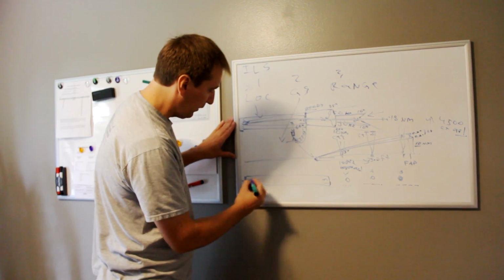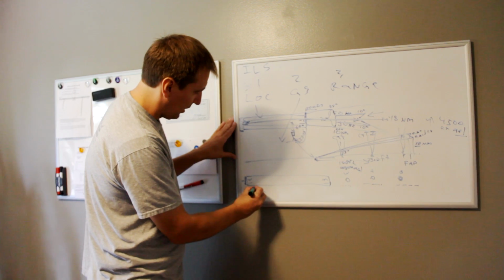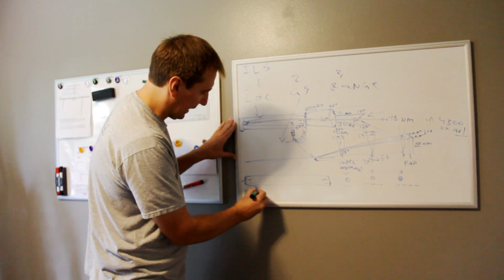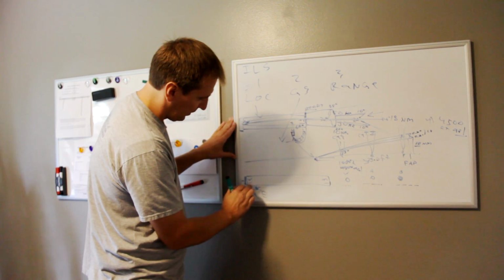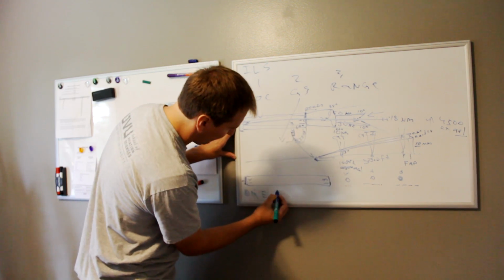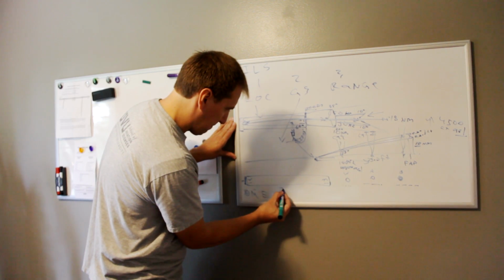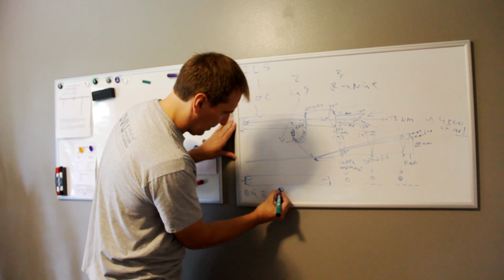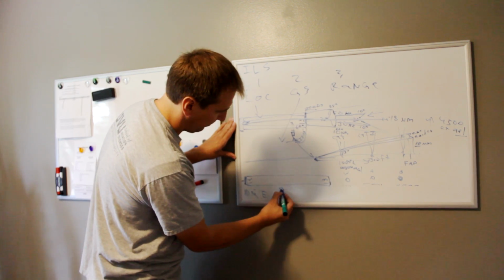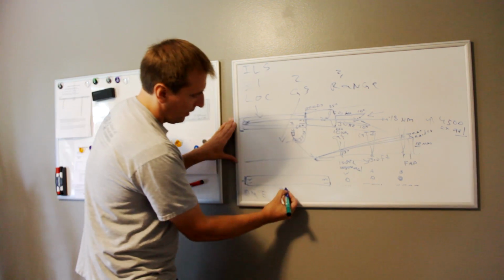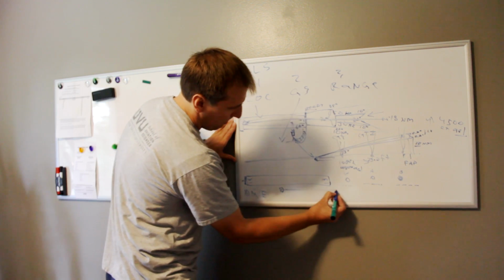So if you have, let's say, a VOR here, that's kind of a bad picture. Okay, let's say we have a VOR right here, and it shoots a radio signal.